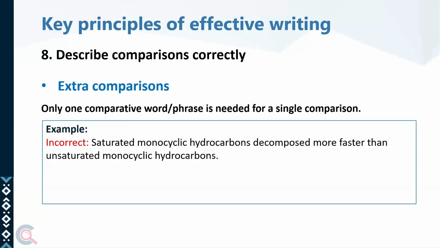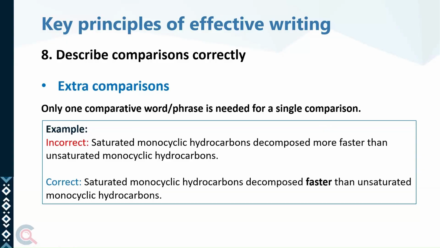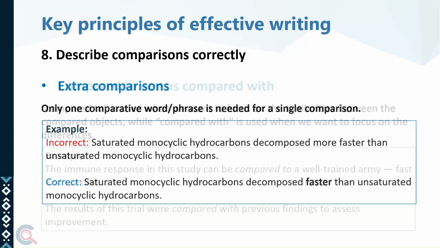"More faster" is a combination of two comparative words, more and faster. When the two are present, it is a misuse of comparative words. The correct thing to do is to use just one of them: "Saturated monocyclic hydrocarbons decomposed faster than unsaturated monocyclic hydrocarbons."